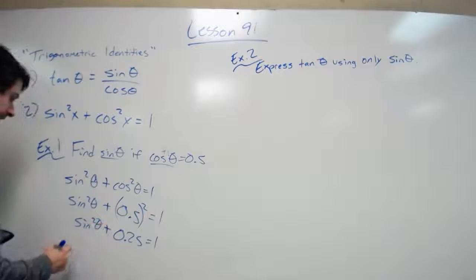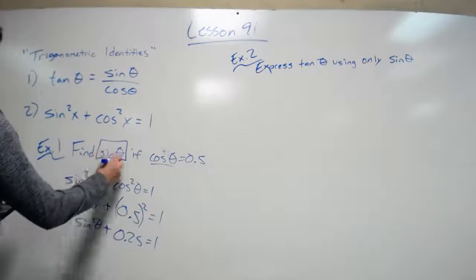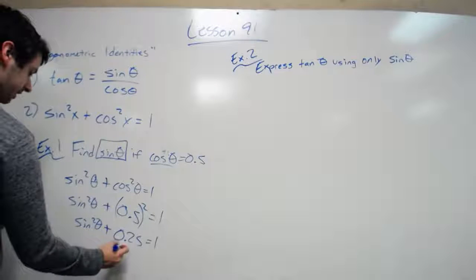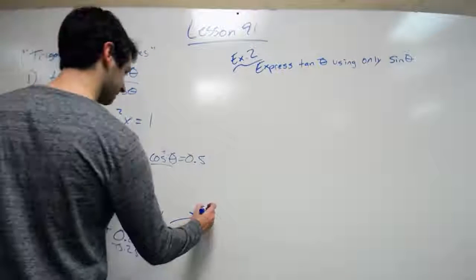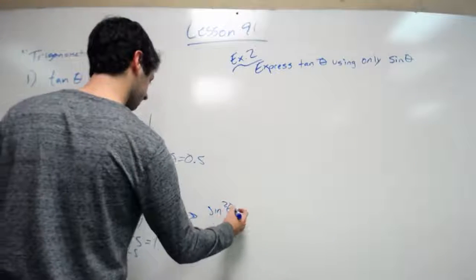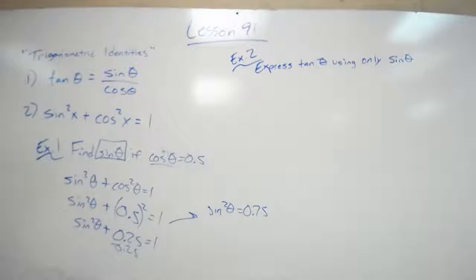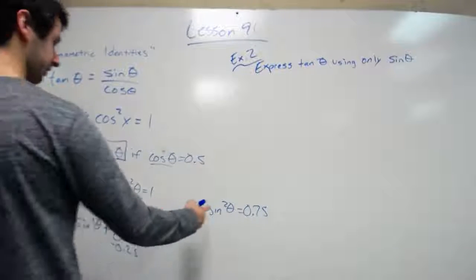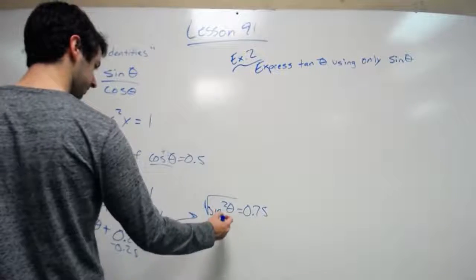Got to get sine of theta by itself because that's what we're trying to find. That's our goal here. So I subtract 0.25 and move this over here. I get sine squared theta equals 0.75. And then to get sine of theta by itself, I need to square root to get rid of the squared.